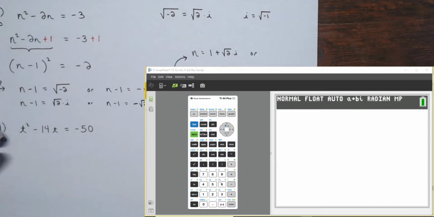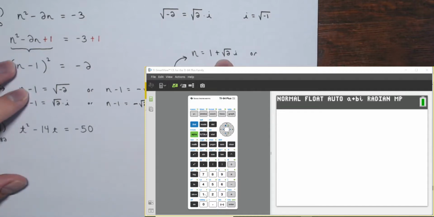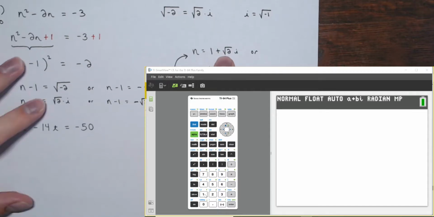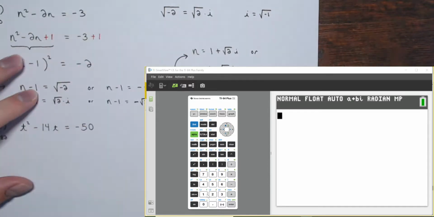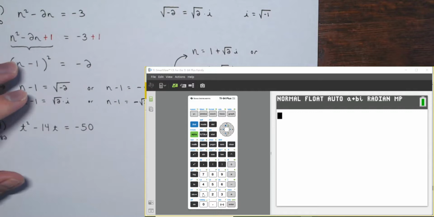So I'm going to enter this number we were given. Let's just plug it in. I'm going to plug in 1 plus the square root of 2 times i into my equation, but I'm going to do it in a faster way. So I'm going to take 1 plus the square root of 2 times i, and i is above the decimal point.